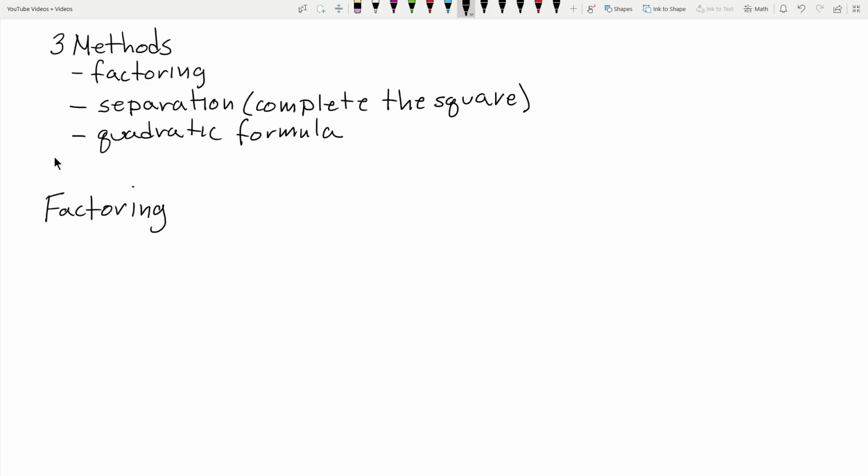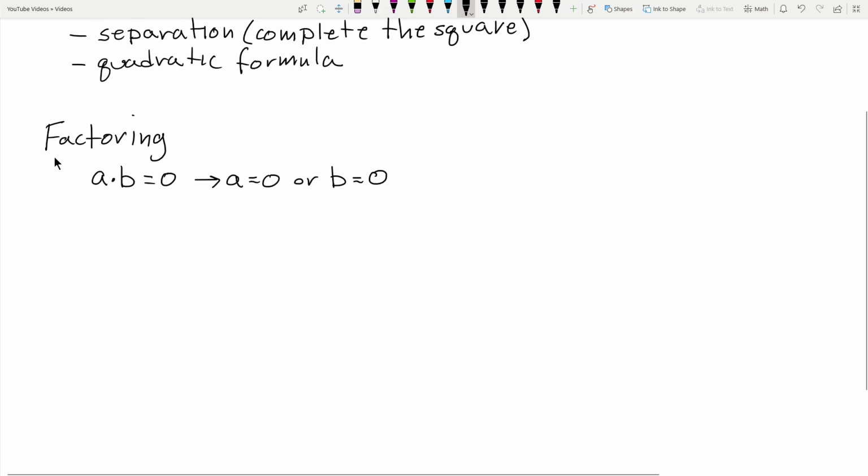And what that says is, if I have a product, say a times b, that is equal to 0, then that means that either a is 0 or b is 0. Basically, the only way you can get 0 by multiplication is by multiplying by 0. And 0 is the only number that that's true for every single time. Okay.